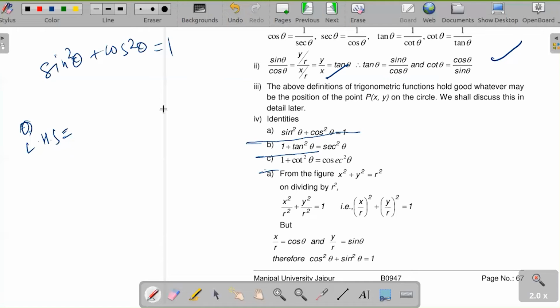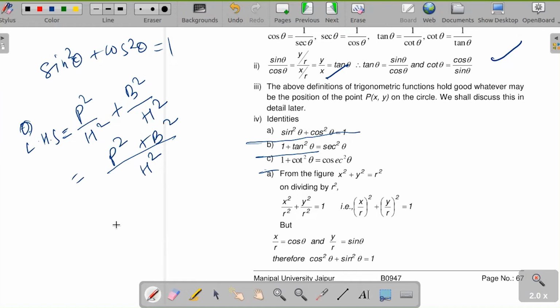So LHS is sine square theta plus cos square theta. Sine square is perpendicular by hypotenuse, so p square by h square. Cos is base by hypotenuse, so b square by h square. H square will be the common denominator, so it remains p square plus b square.